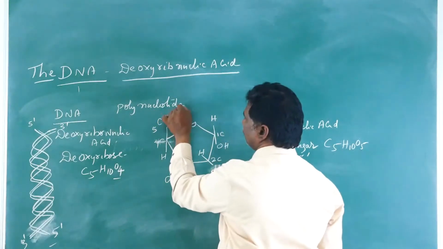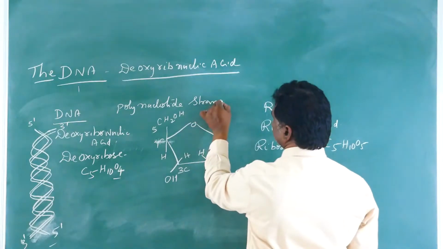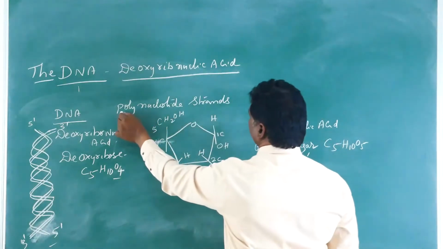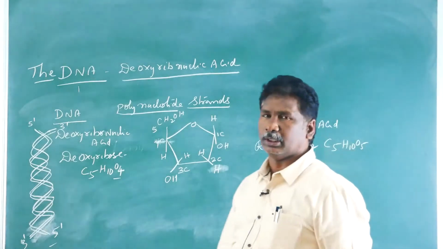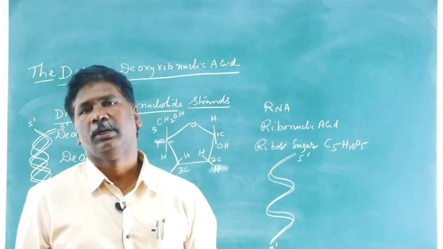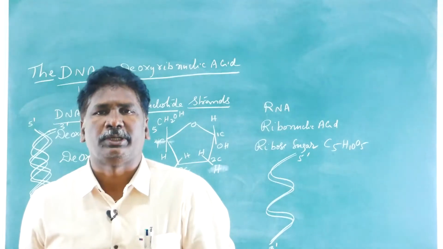Those strands are said to be polynucleotide strands or polynucleotide chains. DNA has two polynucleotide chains and RNA contains only one polynucleotide chain.